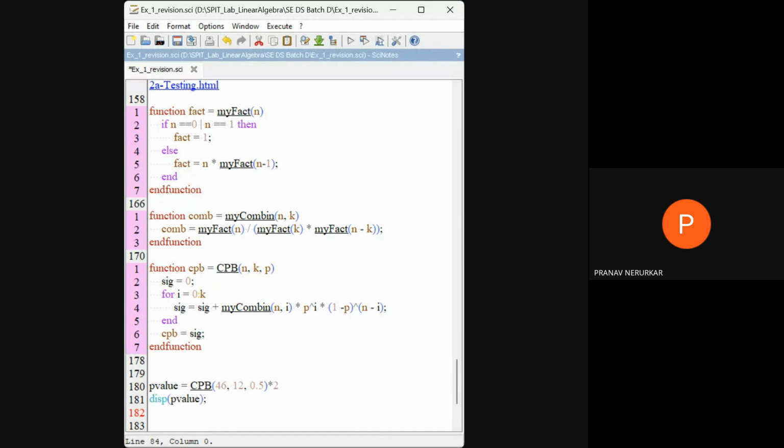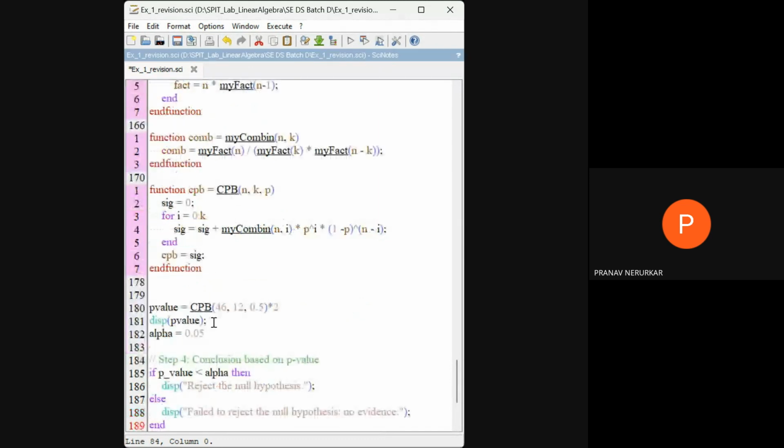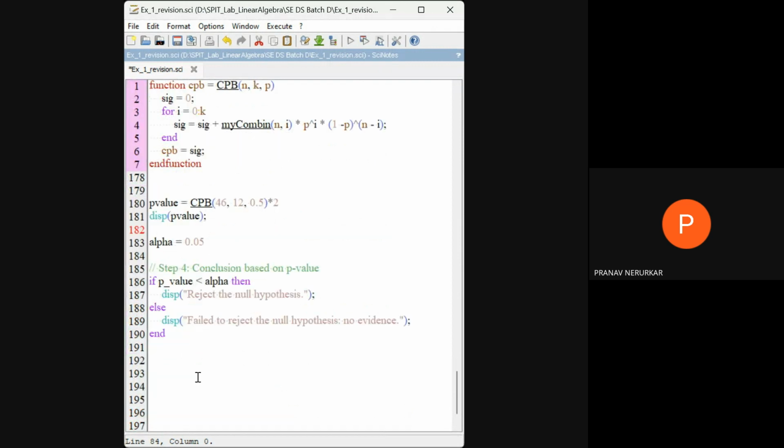We have to set a threshold, and from this threshold we can calculate the p-value, see if it is below the threshold, then your hypothesis will be rejected, otherwise we will not be able to reject the hypothesis.